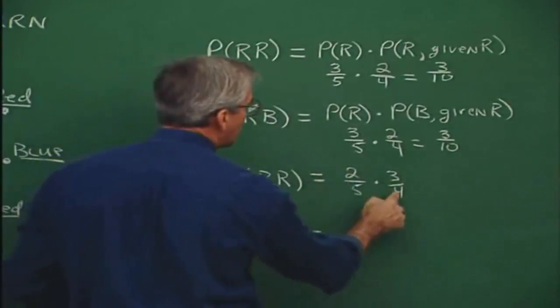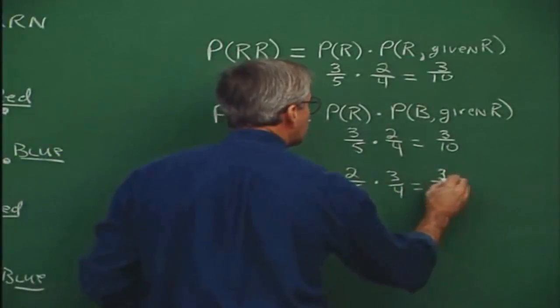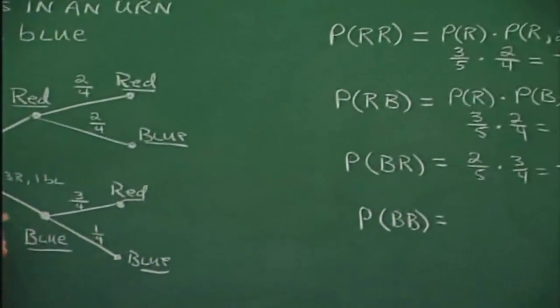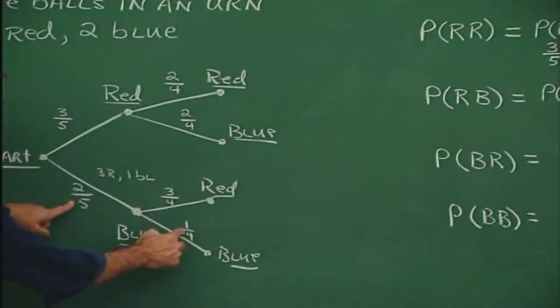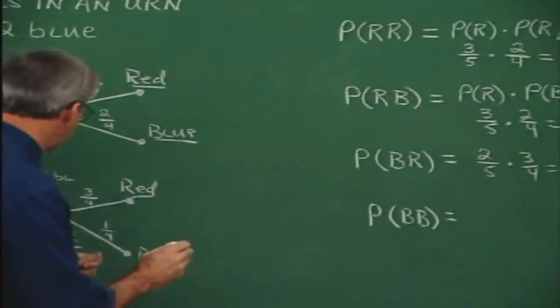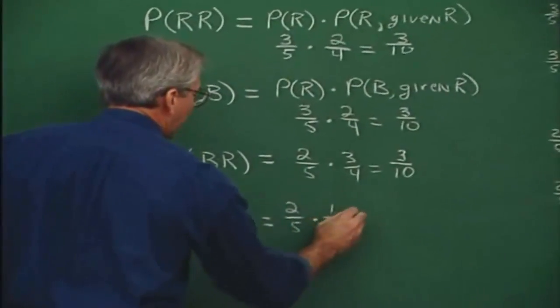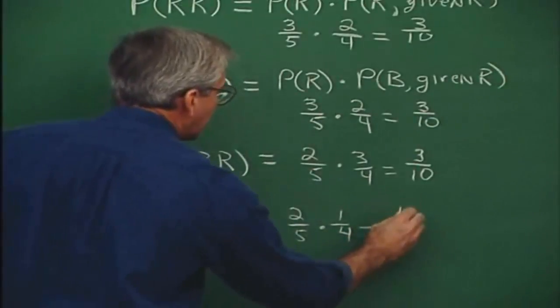And a nice cancellation occurs here, and this turns out to be 3/10. And then for the last one, the probabilities are right here on the chart. 2/5 times 1/4. So back over here, and now a cancellation occurs here, and this turns out to be 1/10.